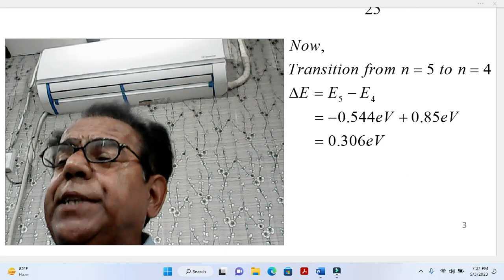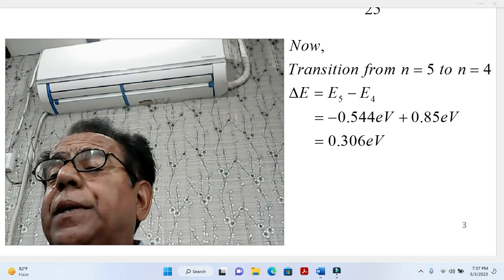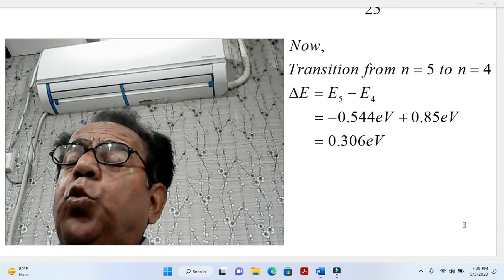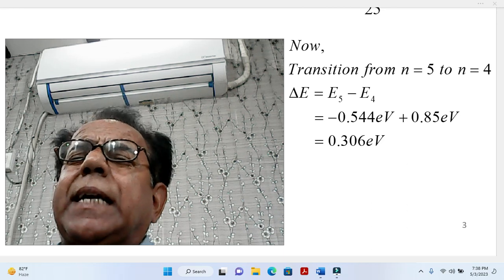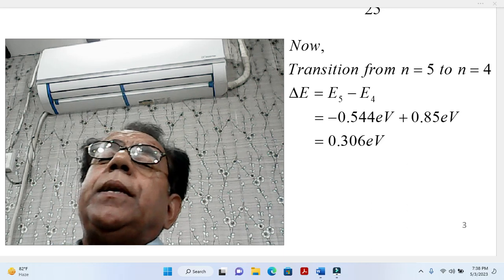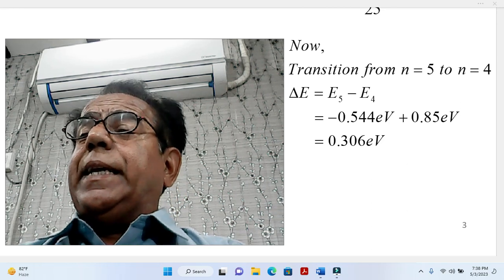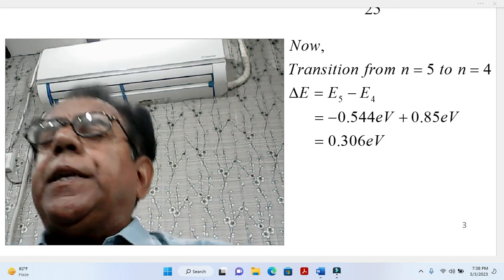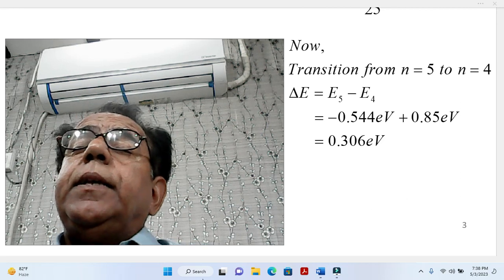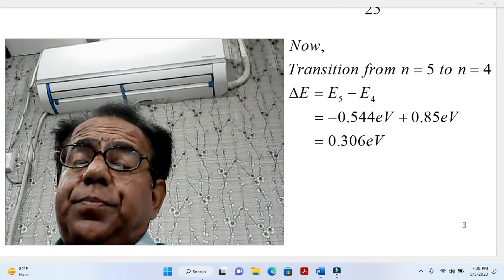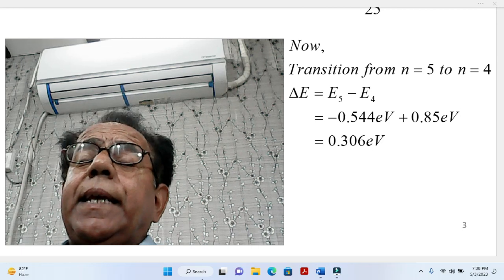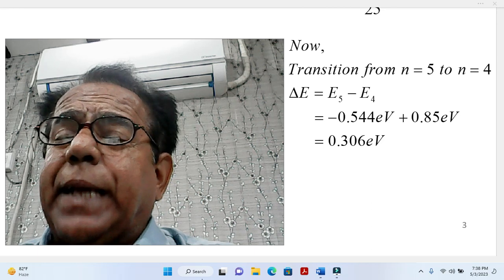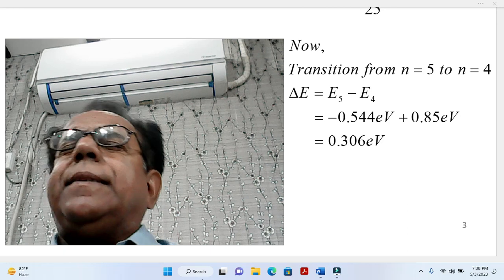We just put these two values and their difference becomes plus, because dear students, the value of E4 is already in minus or negative, and we know that a negative thing here becomes plus, because it is a basic principle of multiplication that when two similar signs multiply their resultant is positive, while when two different signs multiply their resultant is negative.